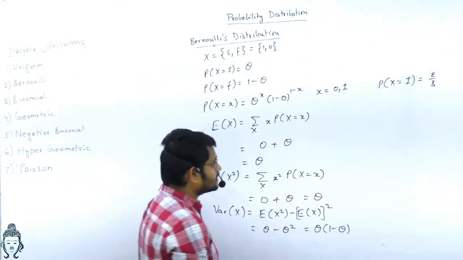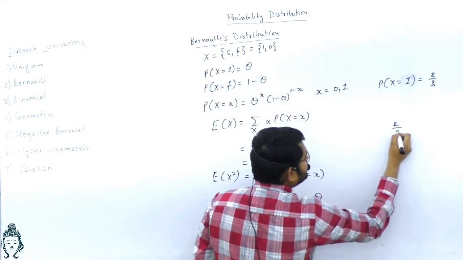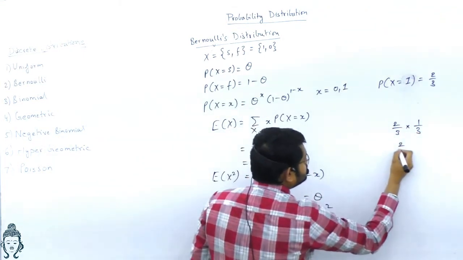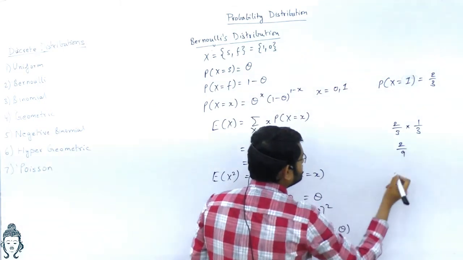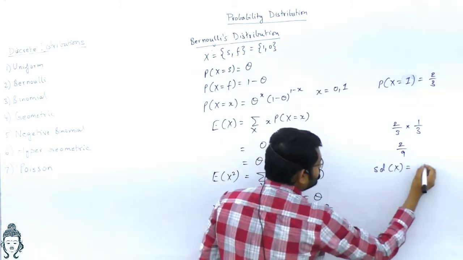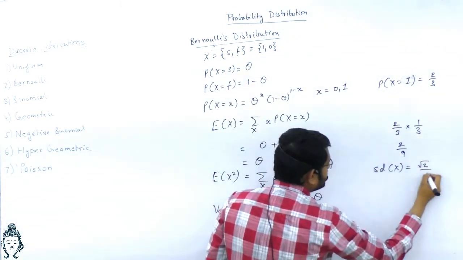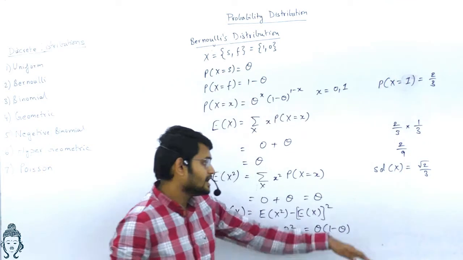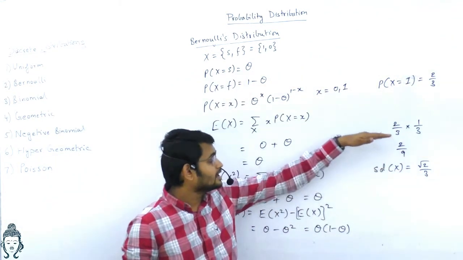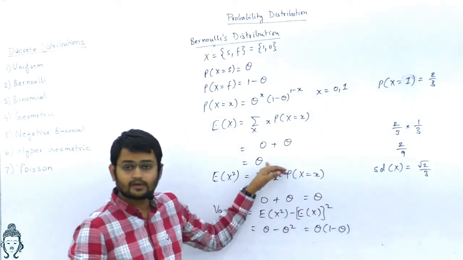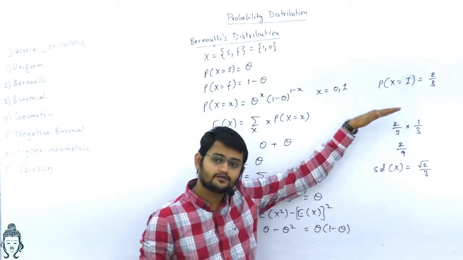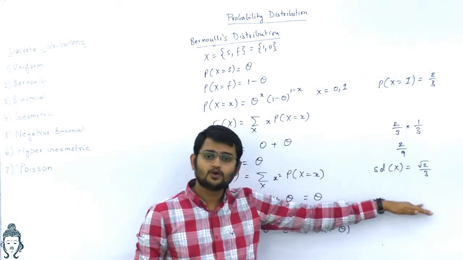Or you can find it out, it will be 2 by 3 into 1 by 3, and that comes out to be 2 by 9, so the standard deviation of x would be nothing but root 2 by 3. Or you can say the possible range is going to be root 2 by 3 above the expected value, or root 2 by 3 below the expected value.